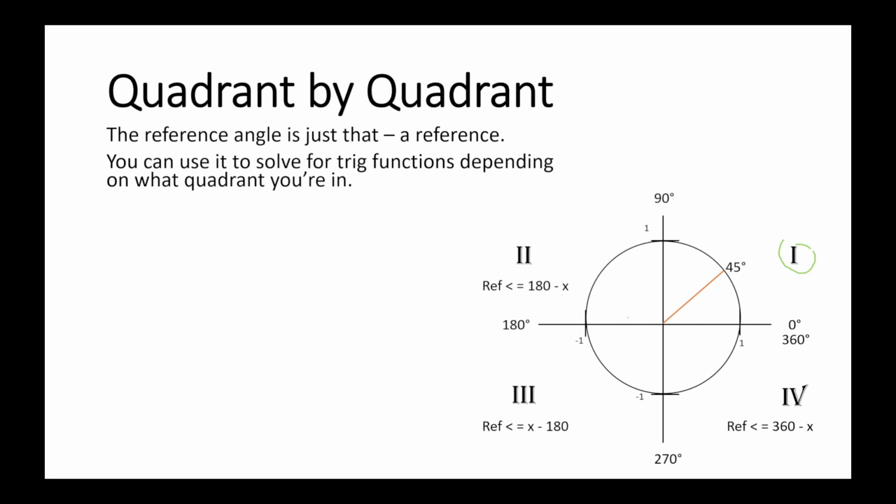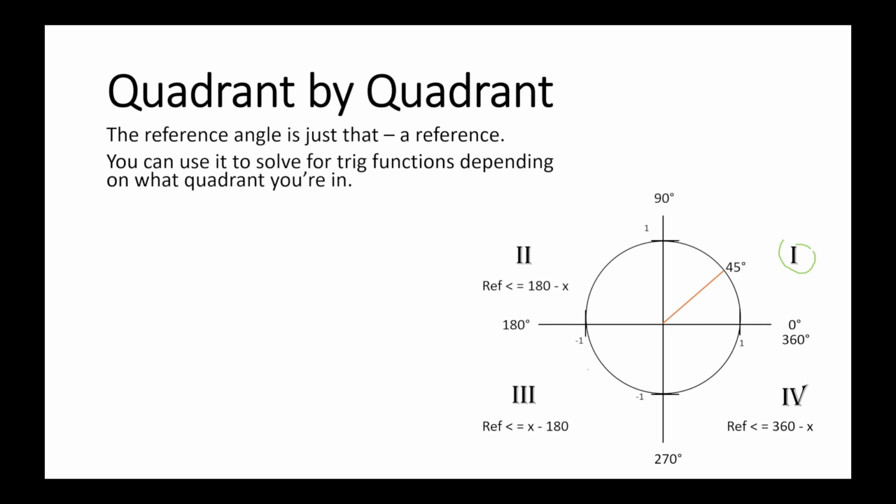If I'm given an angle that's somewhere between 90 and 180 degrees, let's say 100, 120, examples like that, the first thing I would do is figure out what my reference angle is.